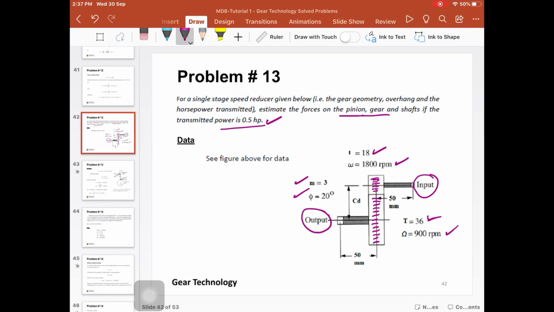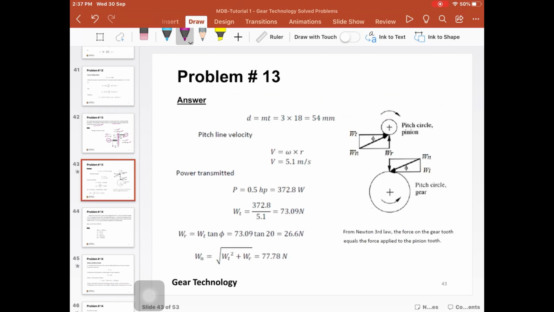Then we have also the geometry. The distance from here to here is 50 mm, and the distance from here to here is 50 mm as well. So we want to simply calculate the two components of the force, the tangential component and the radial component. If we assume that the pinion rotates in the clockwise direction, the gear, or the wheel, is going to rotate in the counterclockwise direction.